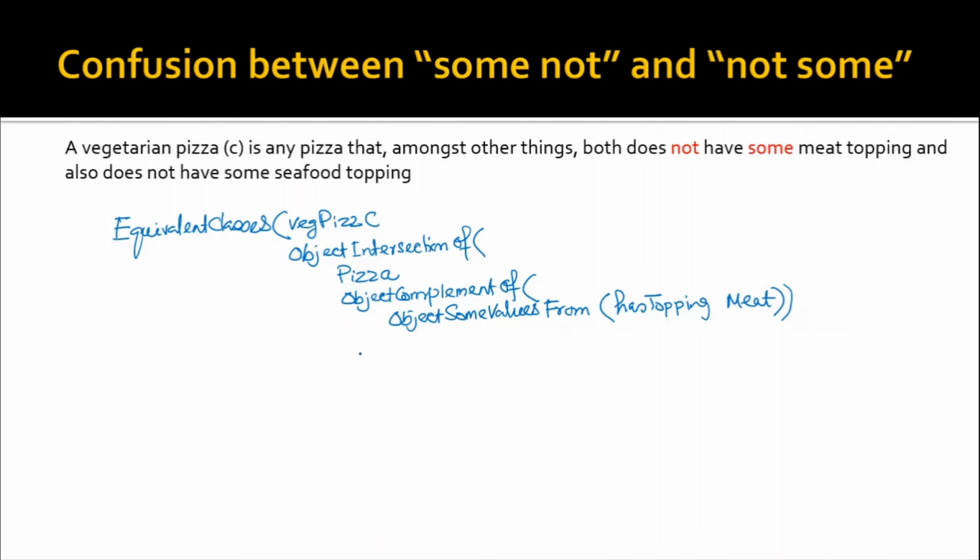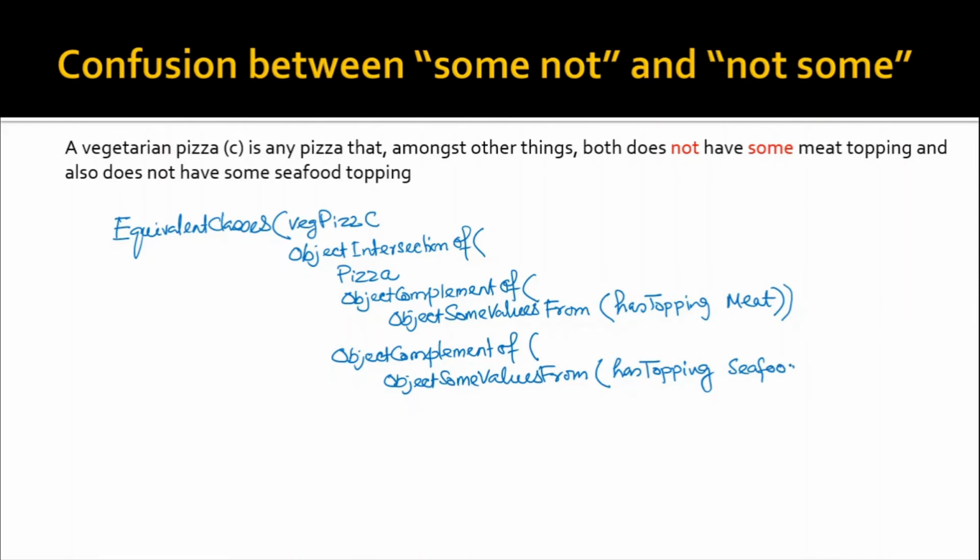And also object complement of the second part, object complement of object some values from has topping, so it will be on has topping, and here the argument would be seafood, right?